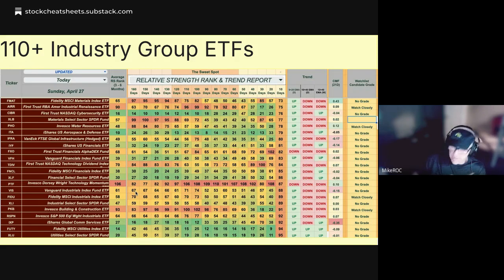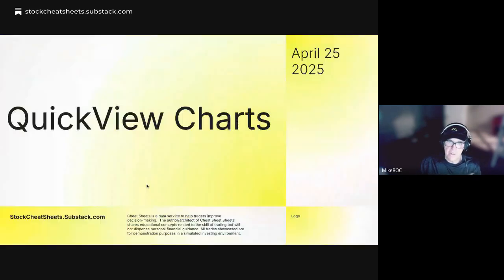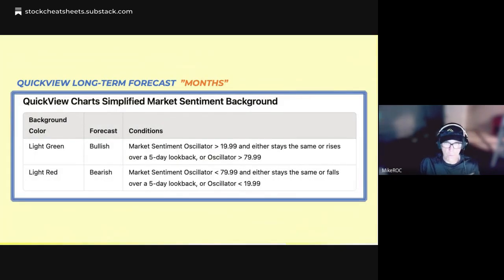And that, I think, gives you the idea of what's going on and how our relative strength rank and trend report goes. In our user guide, we get into the specific meanings of the quick view charts. Those were the green background and then the variable colored exponential moving averages that we shared with you.